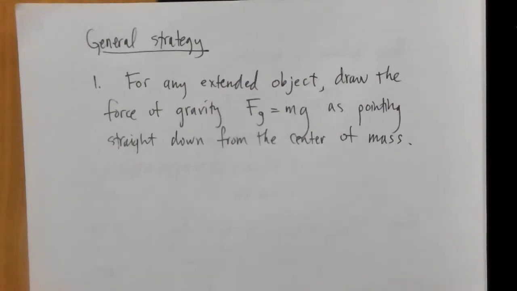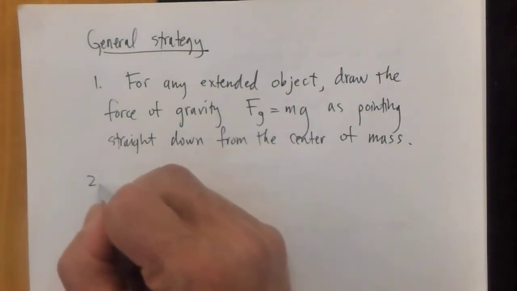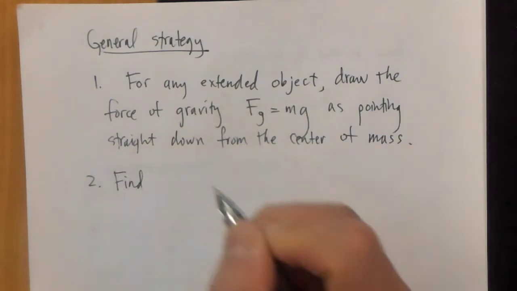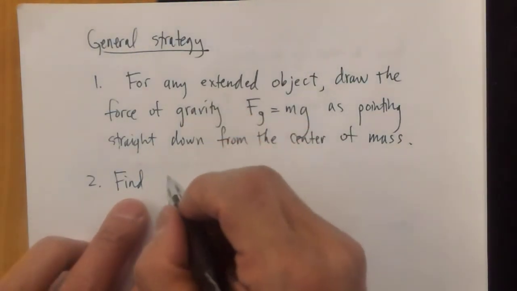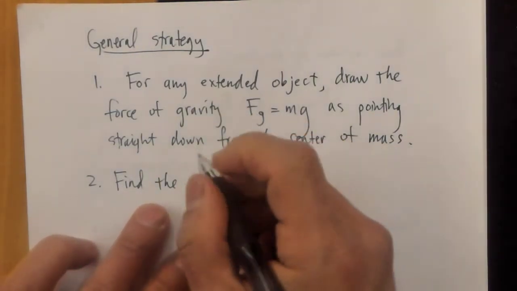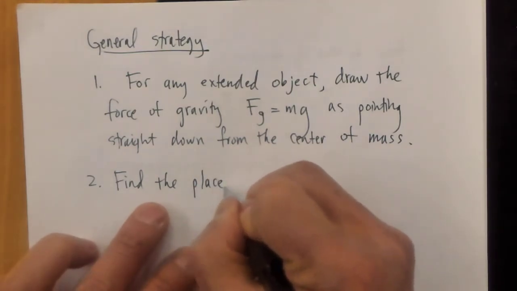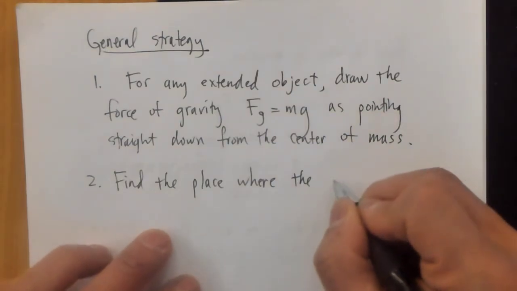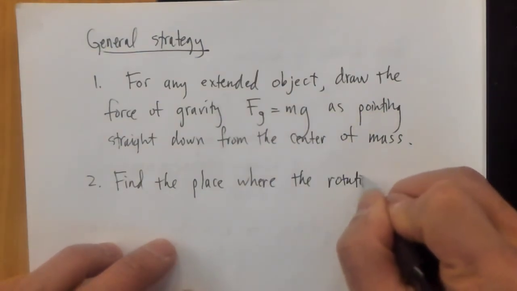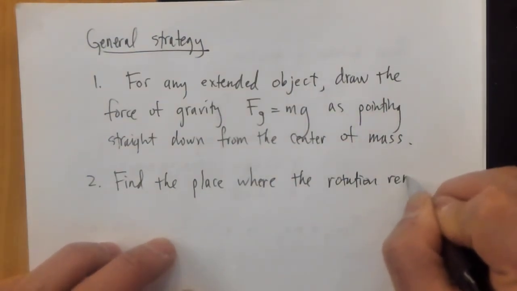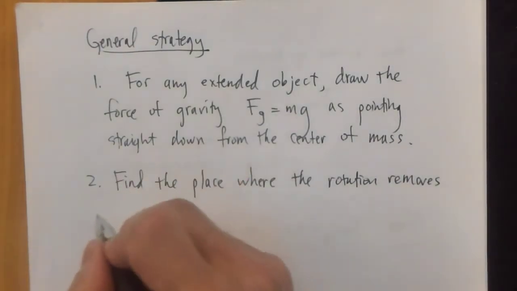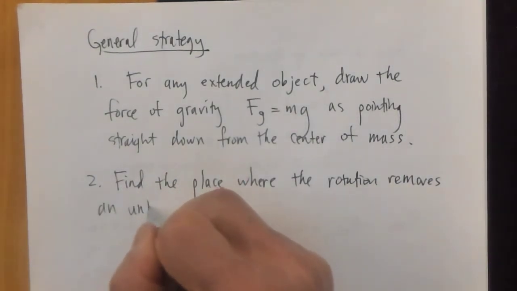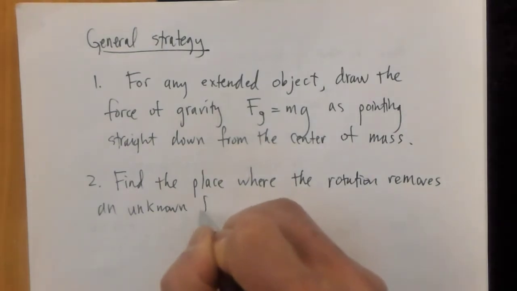Number 2: find the place where the rotation axis removes an unknown force.